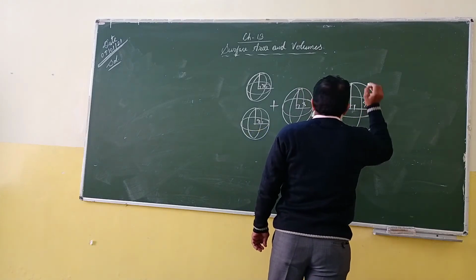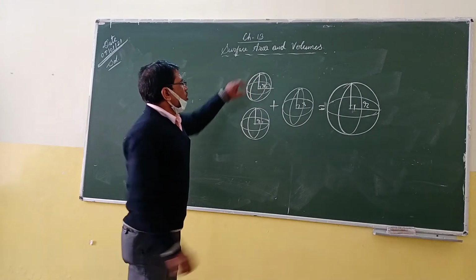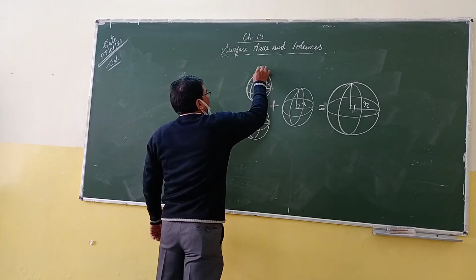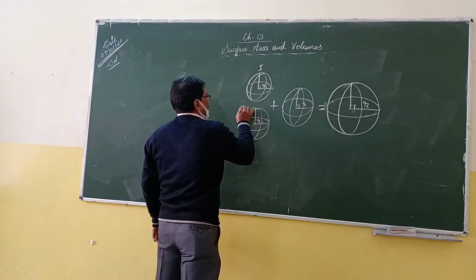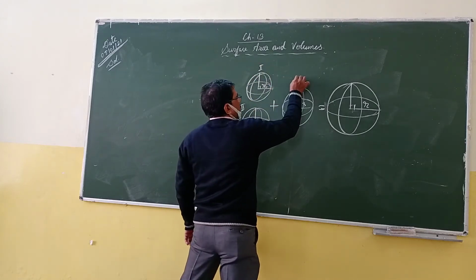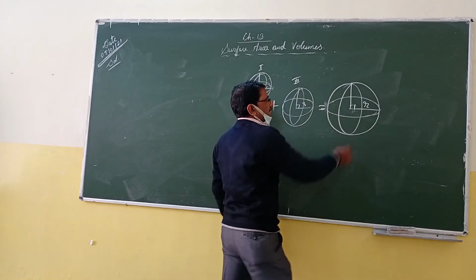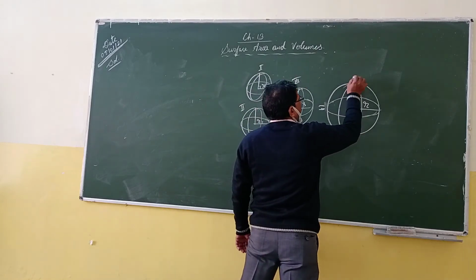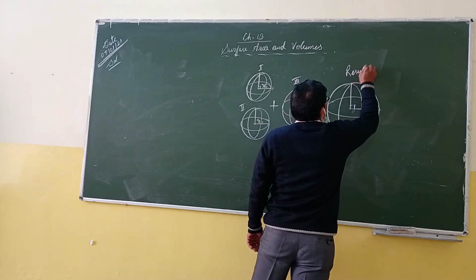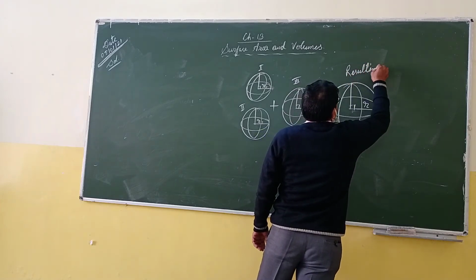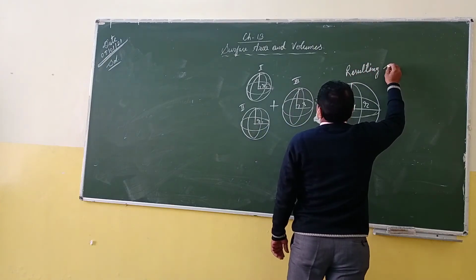Suppose this one is R. Radius of first sphere R1, second sphere R2, third sphere R3, and the radius of the resulting sphere is R.